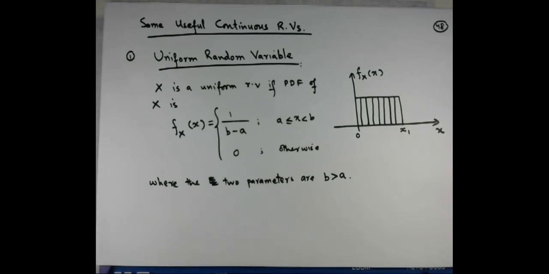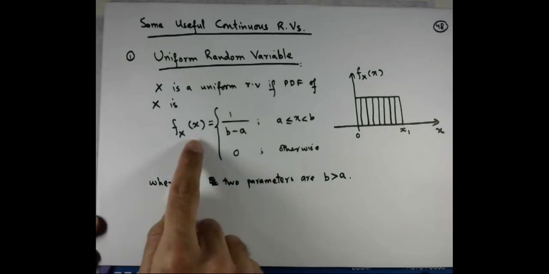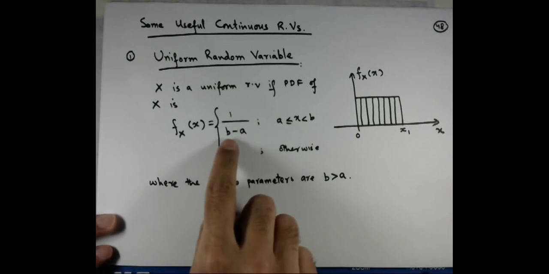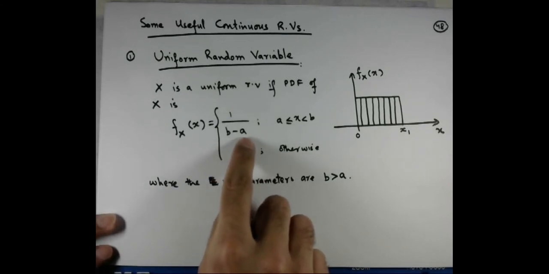You simply assume that the total interval is divided into some equal size intervals, and each small interval has the probability equal to any other interval of the same size. This is what we mean by continuously uniformly distributed random variables, and this is the PDF of a continuous uniform random variable. I'll come back to this point a little later and see why we have written it as such.